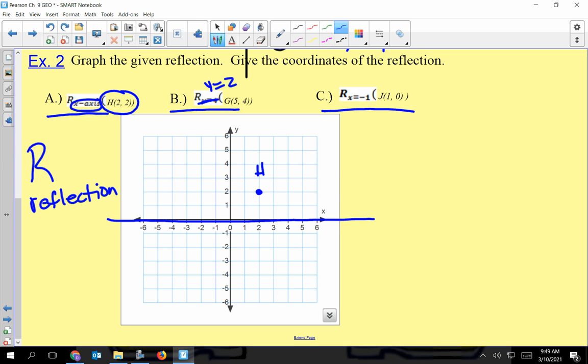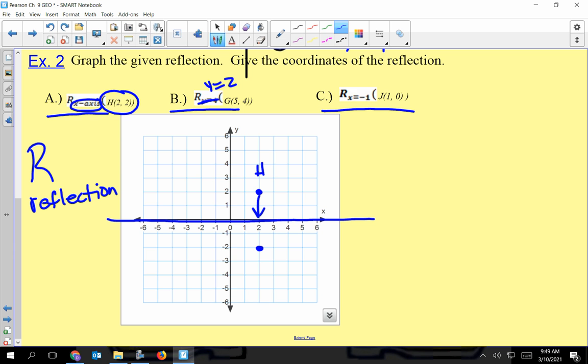Well, this is just a point, so keeping a point rigid is pretty easy. But if I'm going to reflect it, I have to keep distance. So how far is that point from the x-axis? And if we count squares, it's 2. So that means I have to put it on the other side of the x-axis, keeping the same distance. That means I got to be 2 away. So I believe that's going to put me right here.